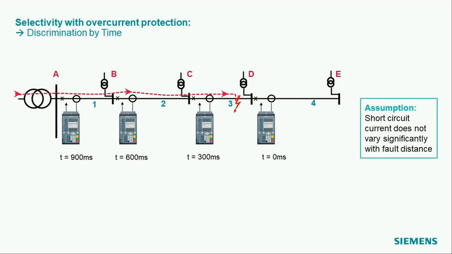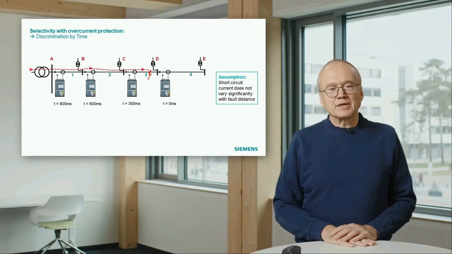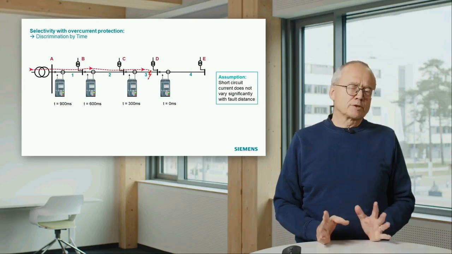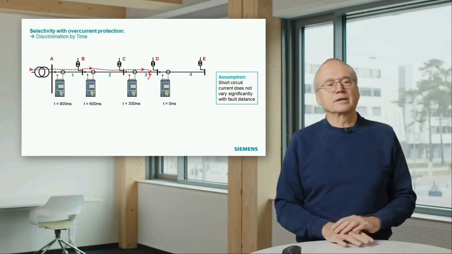Next relay gets 300 milliseconds, next one 600, and the one at the in-feeding station gets 900 milliseconds. That means you see in this case I have a difference in time delay of 300 milliseconds. That's pretty much. You can also make it a little bit smaller.